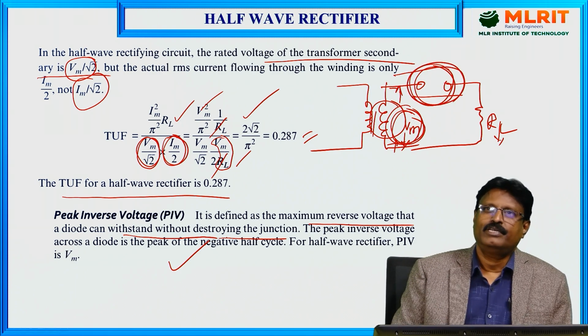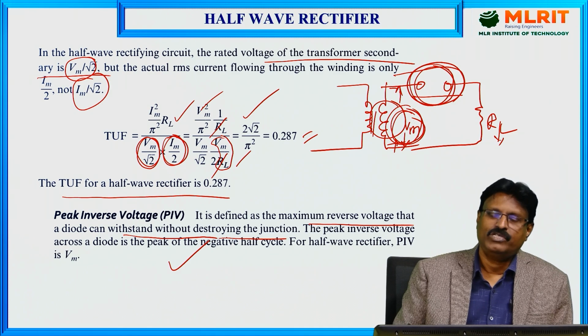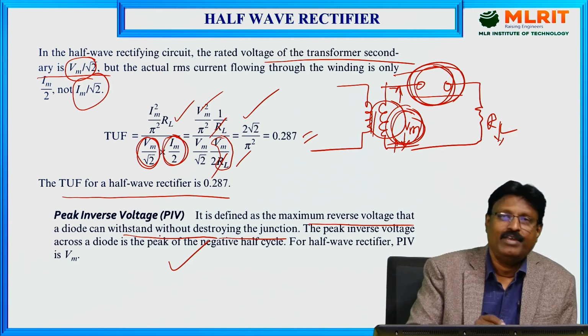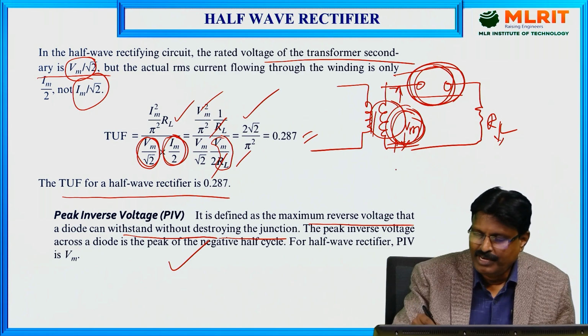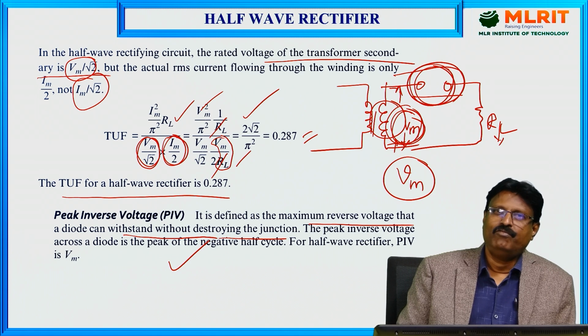That means it has to withstand a voltage of Vm across it in the reverse bias mode. So that is called the peak inverse voltage. It is the maximum reverse voltage that a diode can withstand. So what is the value here? The value will be equal to Vm. So for the half-wave rectifier, the peak inverse voltage value will be equal to Vm.